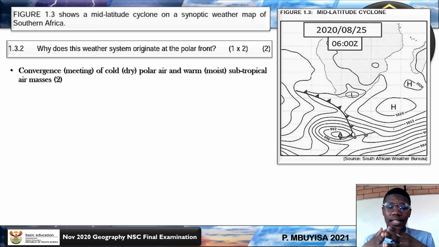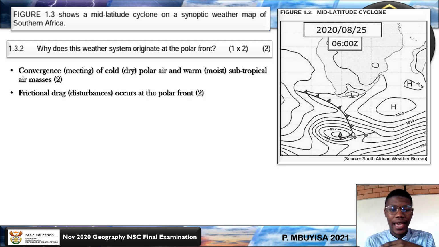So we have cold, dry polar air meeting warm, moist, subtropical air masses at the polar front, and the frictional drag occurs at the polar front, where the two air masses meet but do not mix. Remember, they meet but do not mix. And where do they meet? At the polar front. Why at the polar front? Because of the frictional drag, as the two air masses, cold polar air and warm subtropical air, meet each other at that point.